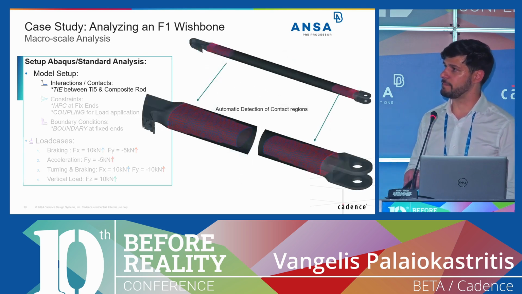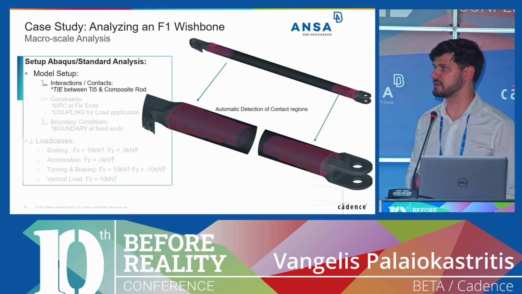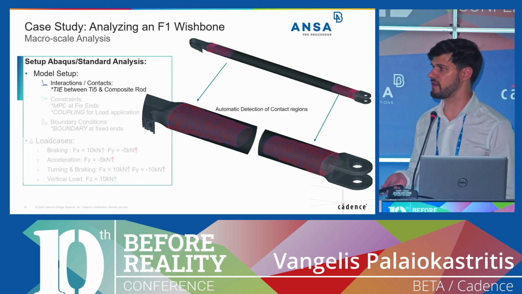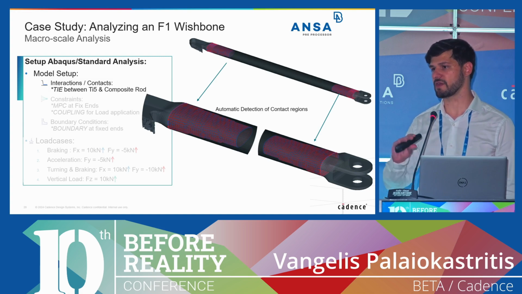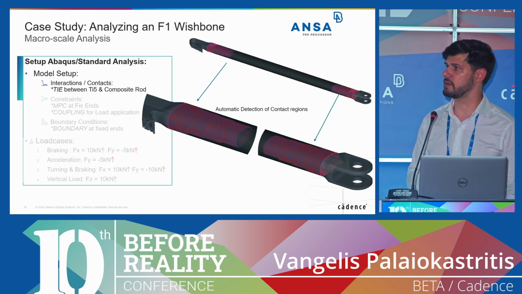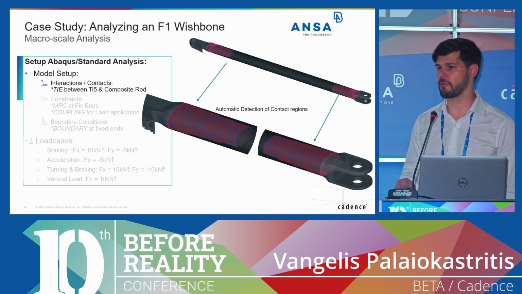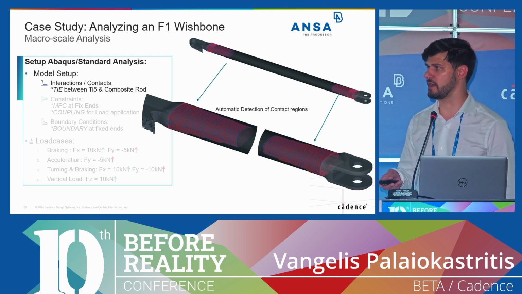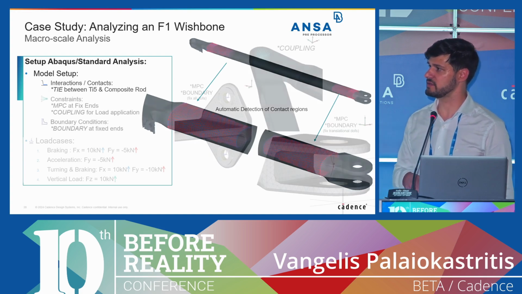For the interaction definition, we use the automatic detection of contact regions of ANSA. So the contact areas are detected, and we assign a tie contact between the titanium member and the composite rod. Of course, any other type of modeling contacts can be used once the regions are detected.